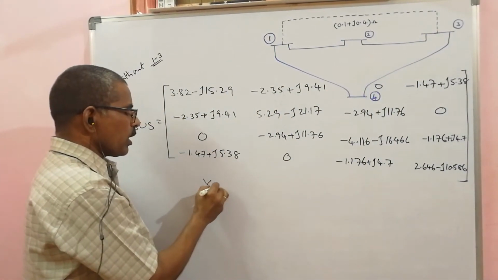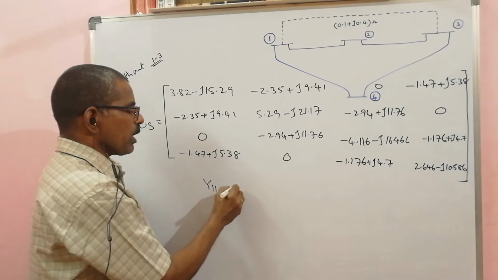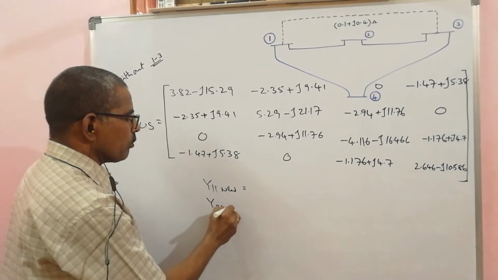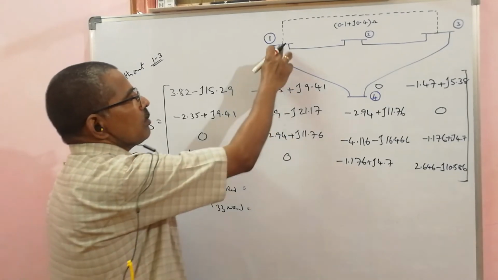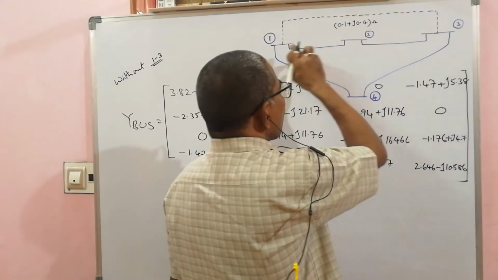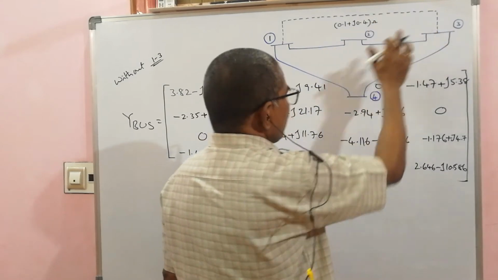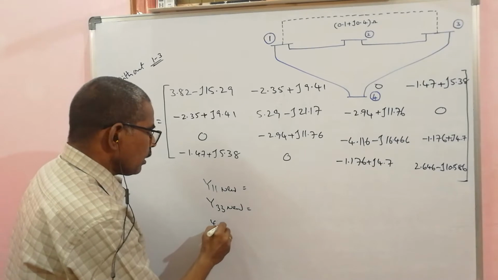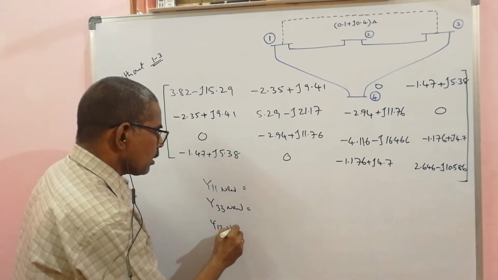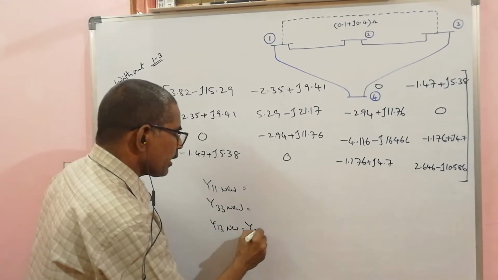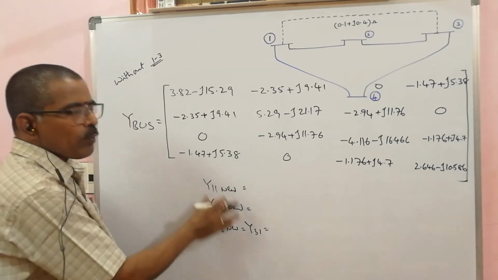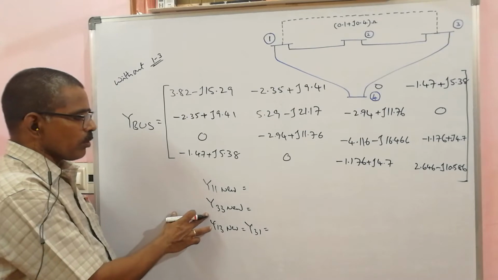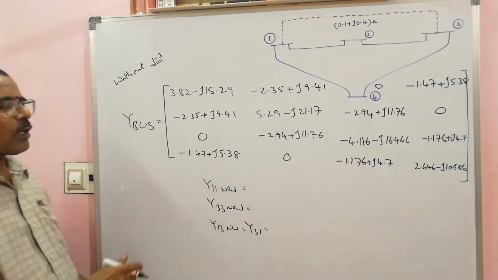So Y11 needs modification. What is Y11 new? And then Y33 new. Since it is between 1 and 3, Y11 is to be updated, Y33 is to be updated. Likewise, Y13, which is same as Y31. So of these 4 values, 3 calculations are required: Y11 new, Y33 new, and Y13 or Y31 new.